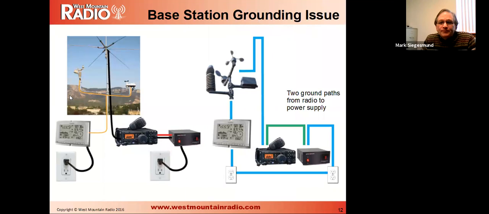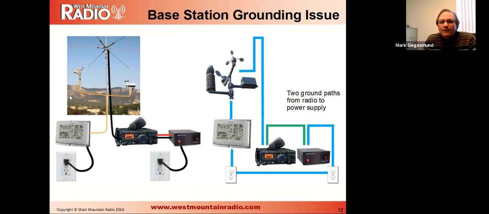Here's the problem. On the right side there, I'm showing the intended path: that green loop there between the power supply and the radio. That's where you want your ground to go, between the power supply and the radio. There's this unintended path, the blue wire. The power supply is going into the outlet, going to the weather station.